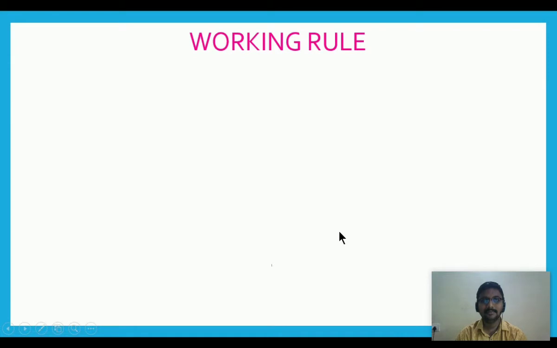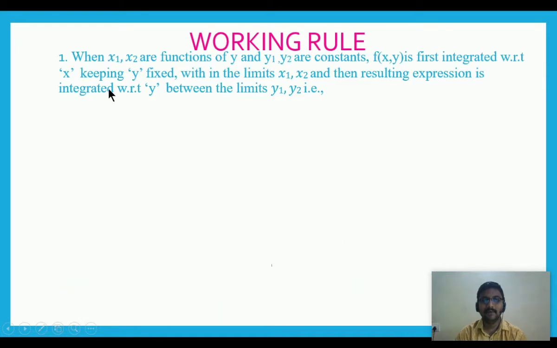Working rule. When x1, x2 are functions of y and y1, y2 are constants, f of x, y is first integrated with respect to x, keeping y fixed. That is, y is treated as constant within the limits x1 and x2.